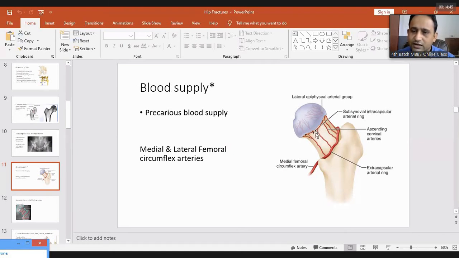This is the blood supply of the adult skeleton. In children, there is another dominant blood supply coming through the ligamentum teres femoris, through the head of the femur. That is more significant in children's blood supply.